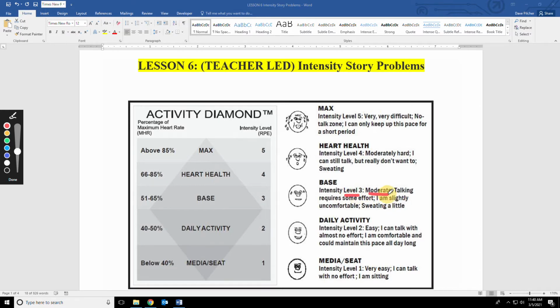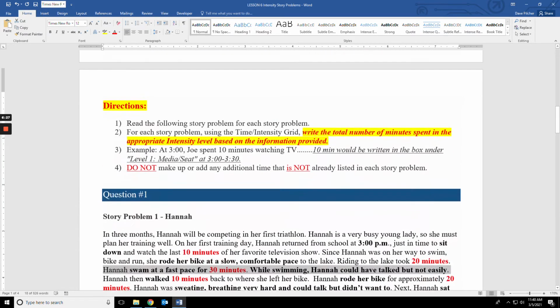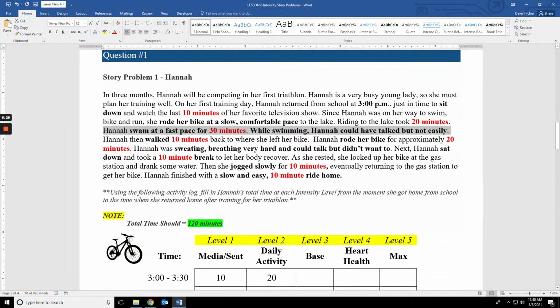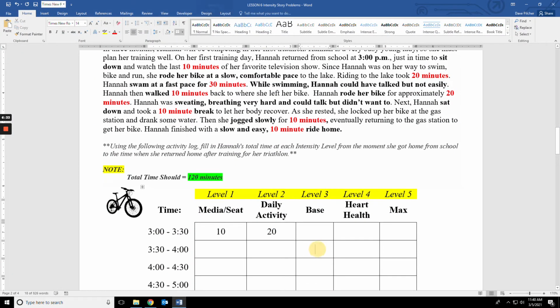It's moderate. Talking requires some effort. So she could talk, just not easily. That's telling me that it just requires some effort, and she was swimming. So I'm going to say that her 30 minutes of swimming at a fast pace would go under level 3, base.